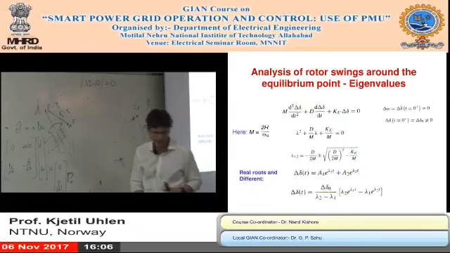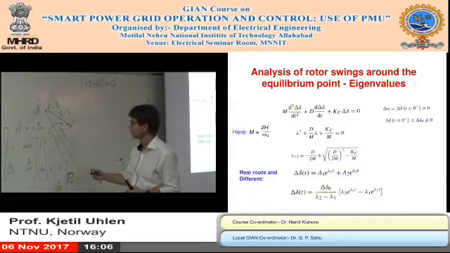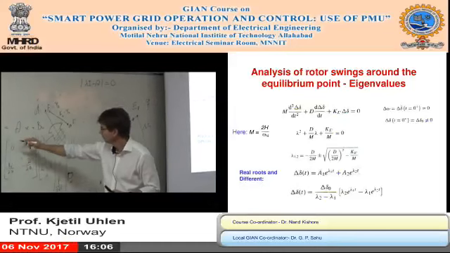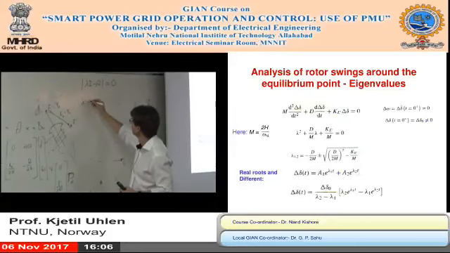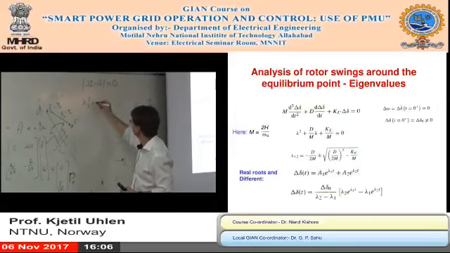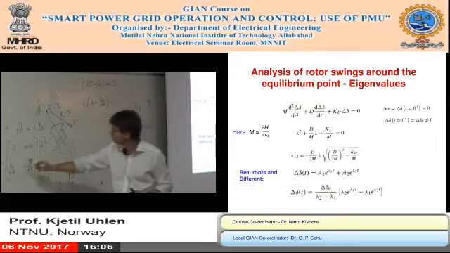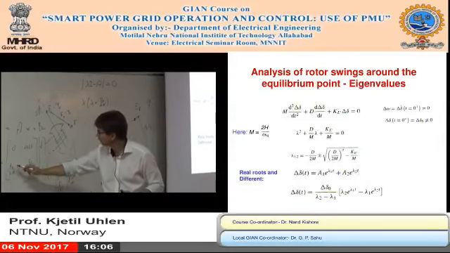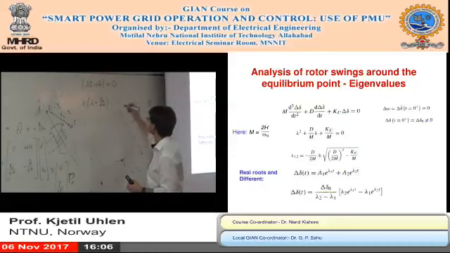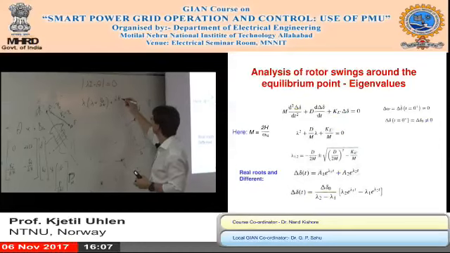Because if I take the determinant, it is lambda times lambda plus d over 2h minus, so it's plus 2h, no, don't run too fast here.